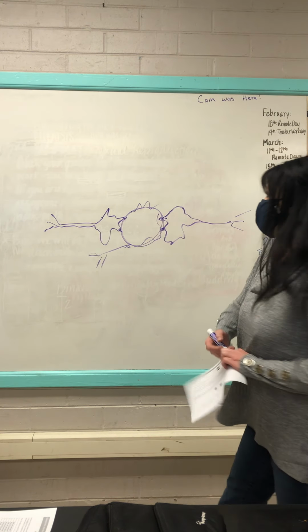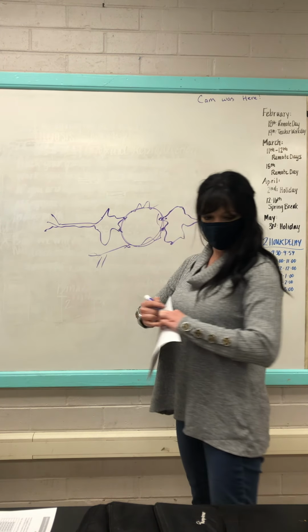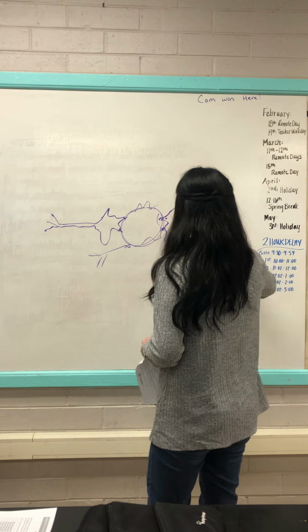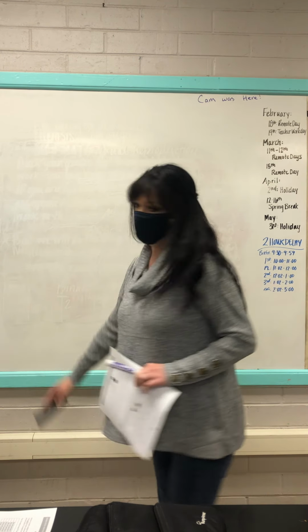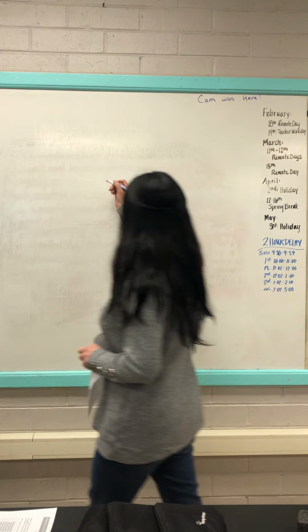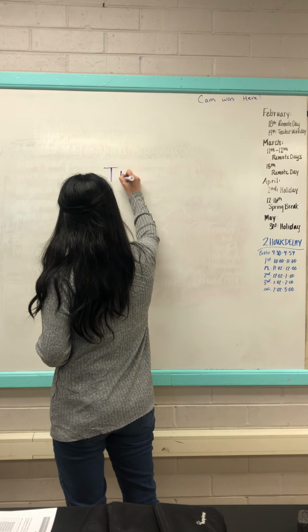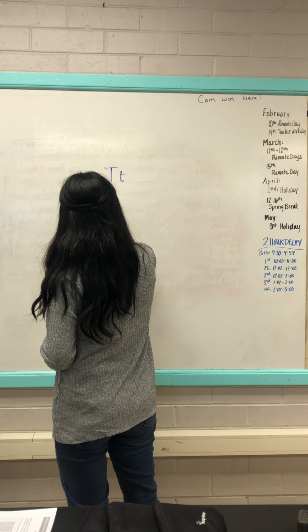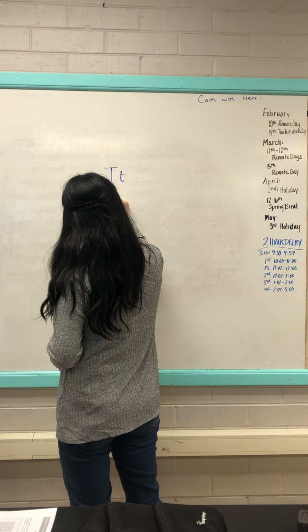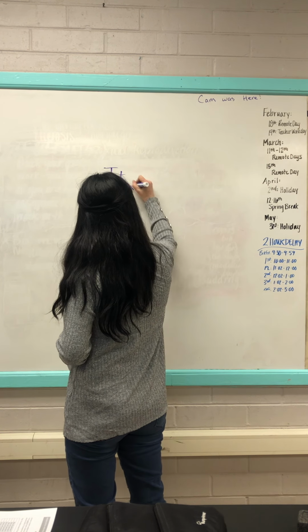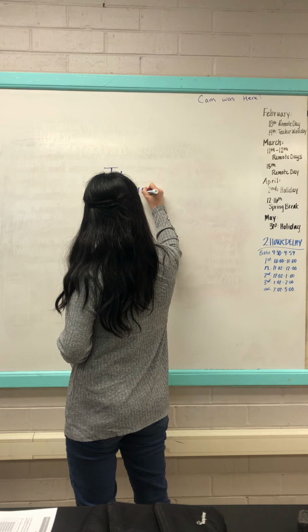Okay, we're about to start doing Punnett squares. When we're talking about alleles, the capital one would be the dominant one, and the lowercase one would be the recessive.